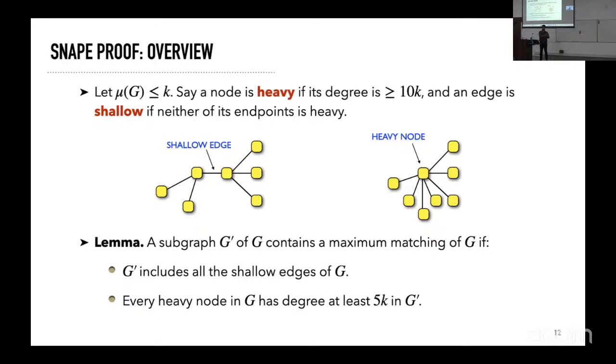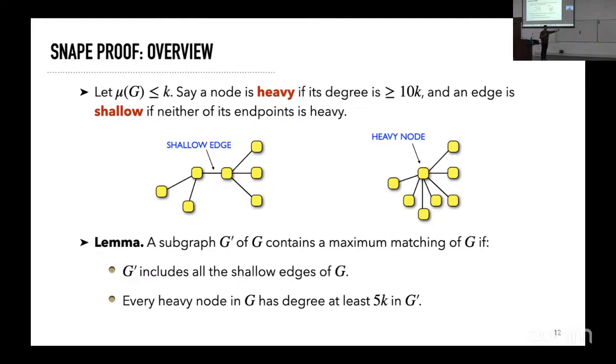So if you have these two conditions in your subgraph, then you have reduced the problem to just that subgraph, is what I'm trying to say. And you can notice in the previous example of a clique plus a perfect matching, this is fine because the problem there was all these shallow edges. That was the isolated perfect matching. So if you have this guarantee, this first point, there's been a lot of heavy lifting here. If you have this guarantee, then at least that graph is no longer a problem.